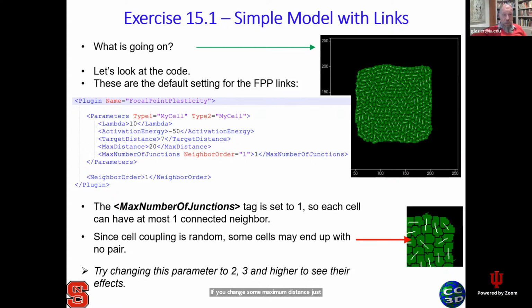If you made the maximum distance 3, you probably won't get any links. If you make the maximum distance 100, and the neighbor order is 2, 3, or 4, you won't see anything. If you make it neighbor order 15, and you make the maximum distance 100, you'll see that basically all cells will connect with all other cells. Somebody could try that.